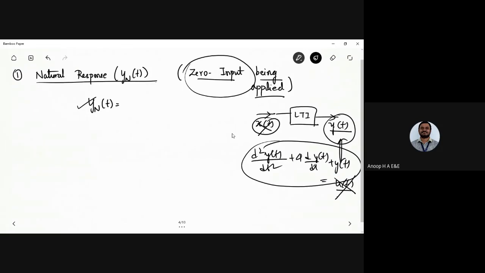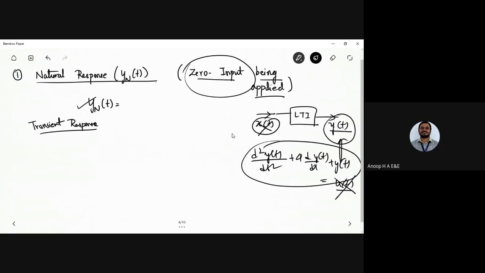So this natural response is also generally called the transient response of the system. Okay, in transient, it dies out quickly. Transients are present in power electronic devices or power converters, and you are going to find out the transient nature of it. It exists only for a short duration of time, from 3 milliseconds to 10 milliseconds.